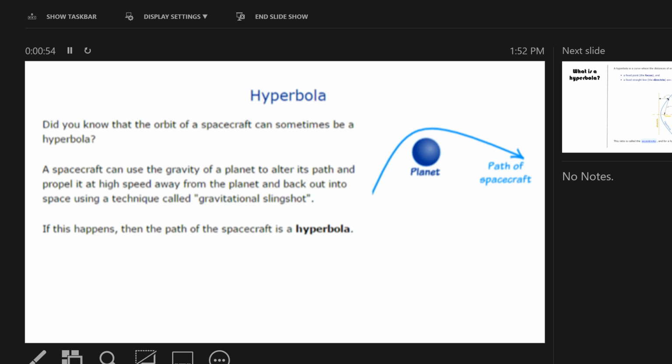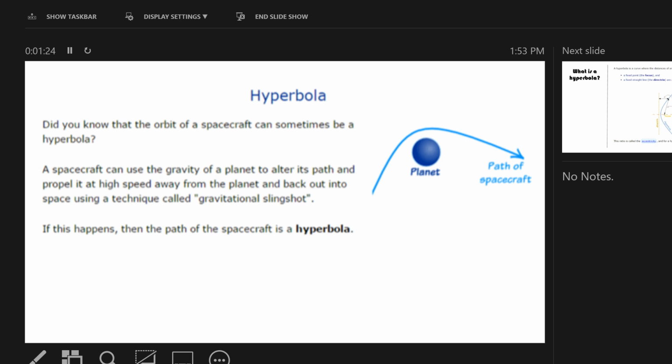There's a cool thing that astronomers do, that NASA does when they send these space probes out into outer space. There's no way that you can put enough fuel on this thing to make the whole journey. The Voyager space probes and others that go out past Jupiter, Saturn, and all that don't have enough fuel to make that whole trip on rocket engines.